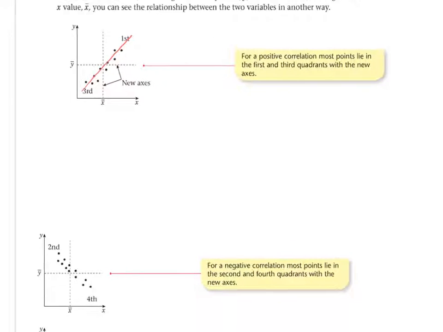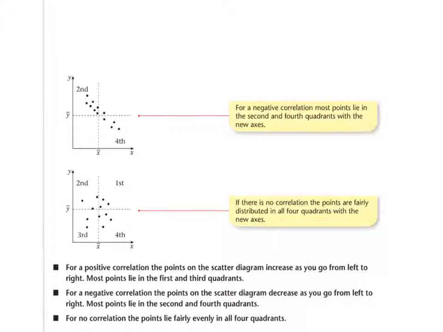We could do exactly the same thing for a negative correlation, and again we've got the mean value of the y's, which is a horizontal line, and a vertical line for the mean of the x values. And this time when you have a negative correlation, if I can draw a straight line, it goes in the second and the fourth quadrant. And you can see on the third diagram, when there's no correlation, then the points are all over the first, second, third and fourth quadrants.